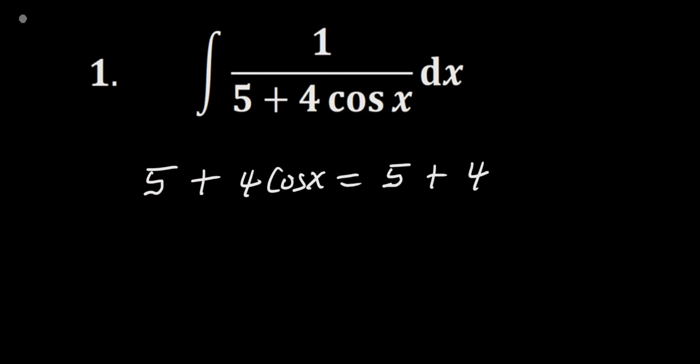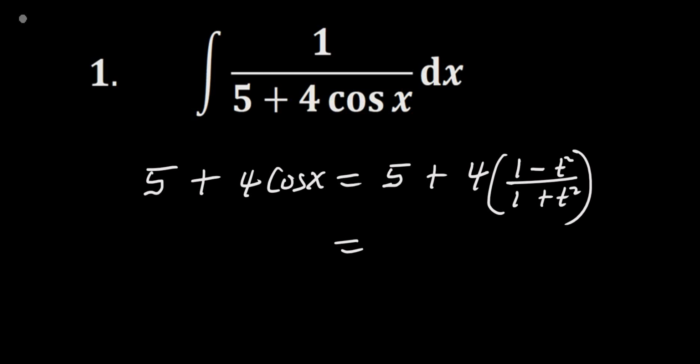Now, cos x, we have already established that cos x is equal to (1 minus t squared) over (1 plus t squared).